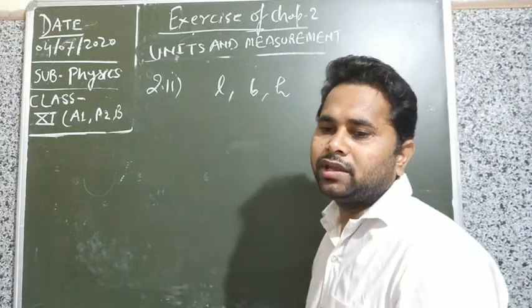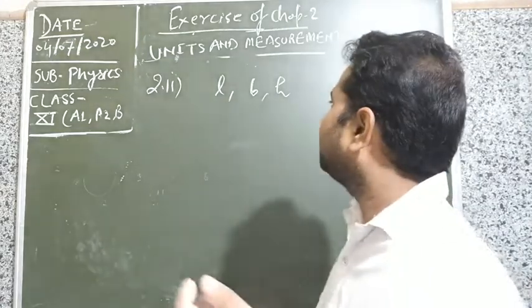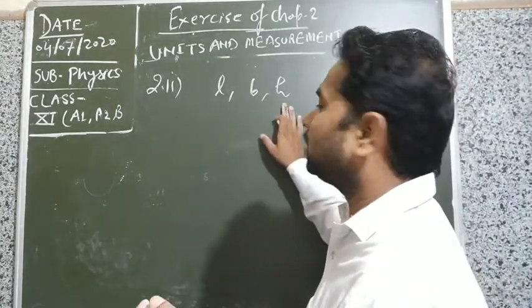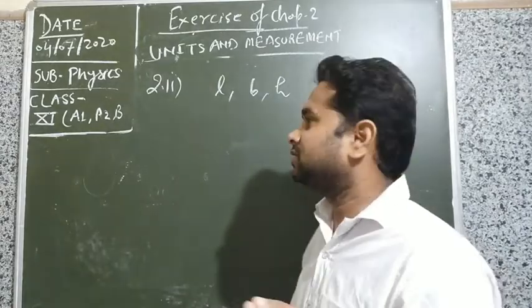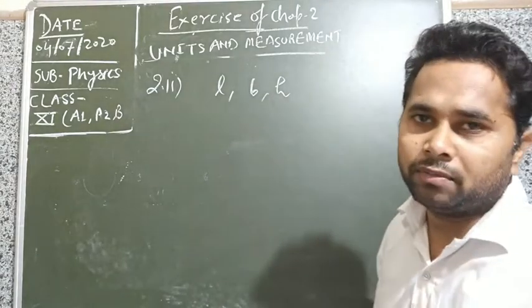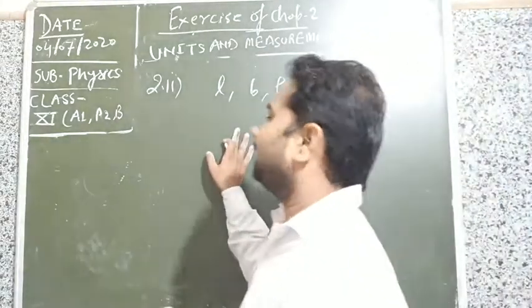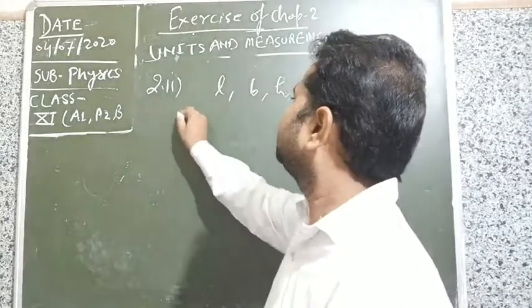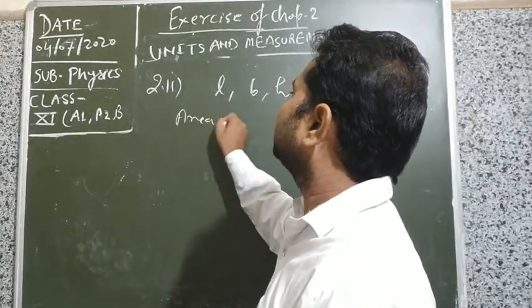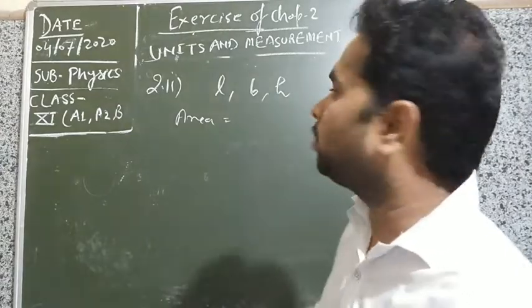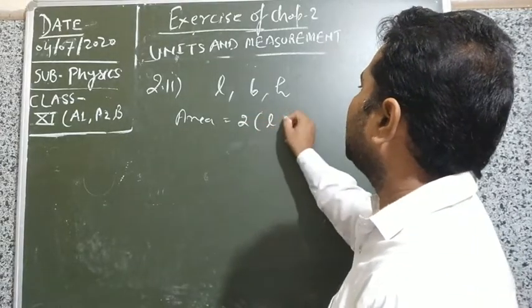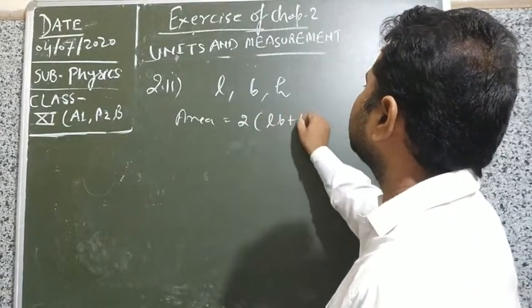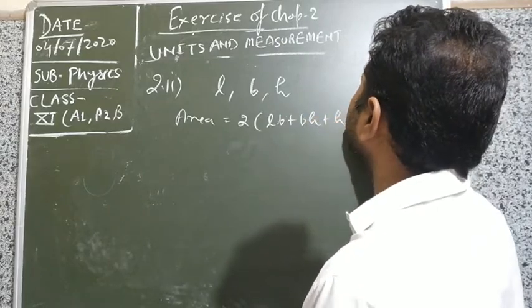So you know the area and volume formula: L, B, H all are given. It means it is for the cuboid, and for the cuboid we have to find area and volume here. Area of the cuboid is 2 into (LB plus BH plus HL).